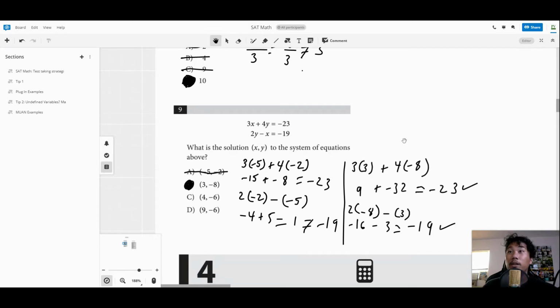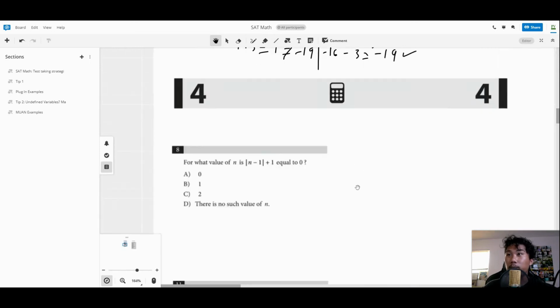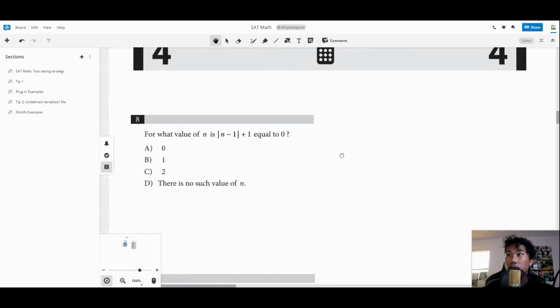Cool. On to the next problem. We have number 8, which is found on section 4 of the test, which says, for what value of n is the absolute value of n minus 1, plus 1, equal to 0?